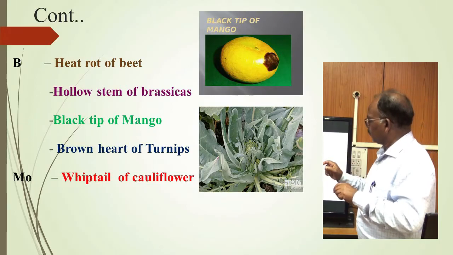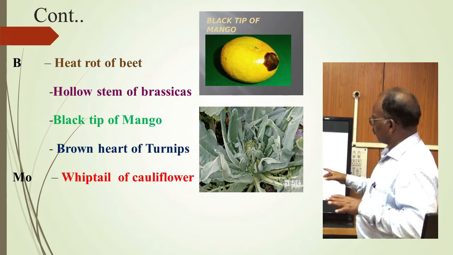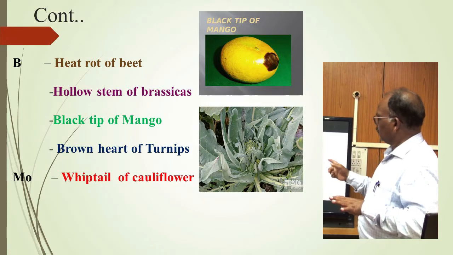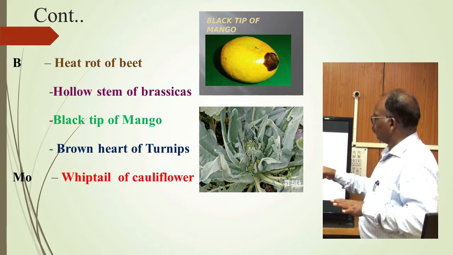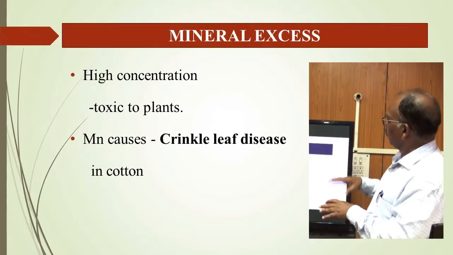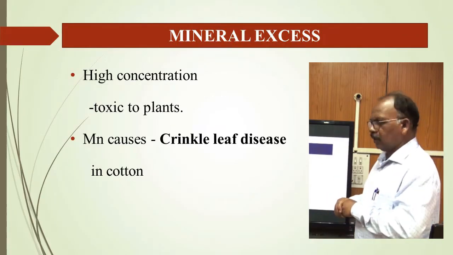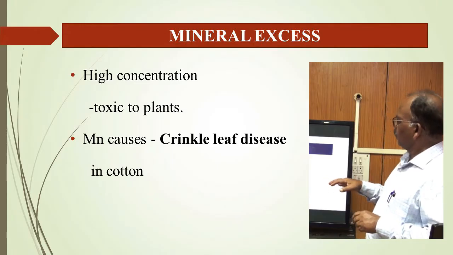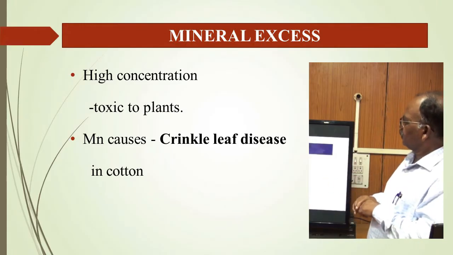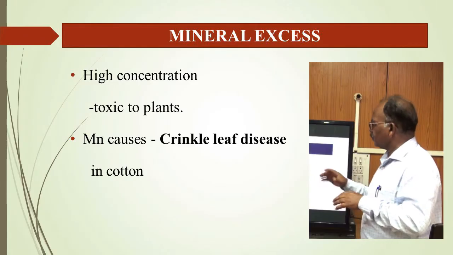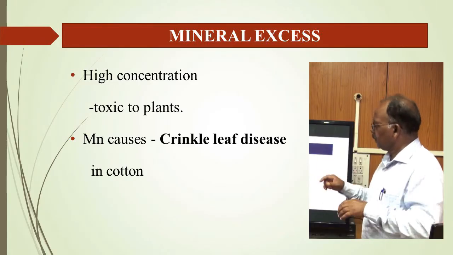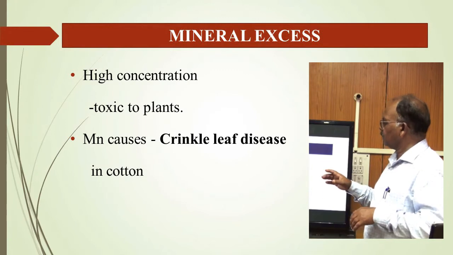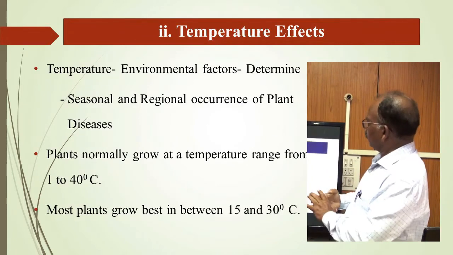In severe cases, only midribs are produced, and this condition is known as whiptail. Mineral excess or high concentration of mineral elements causes toxicity to the plants, such as high concentration of manganese causing crinkle leaf disease in corn.